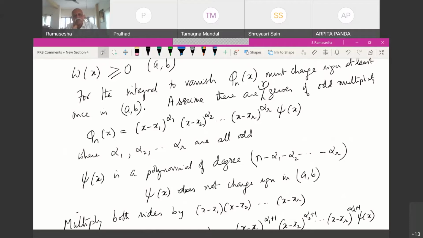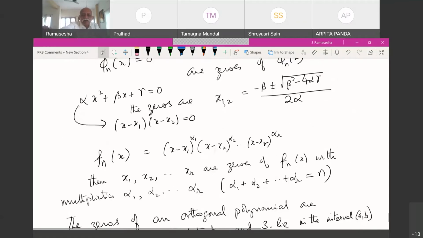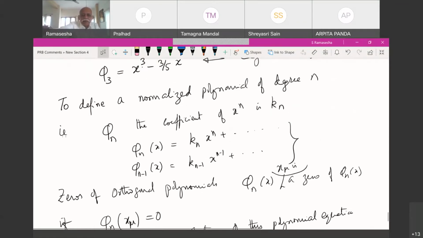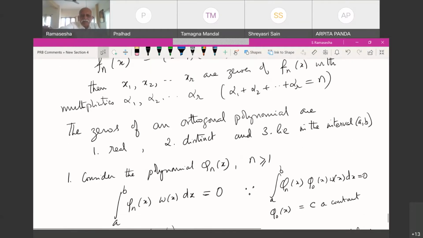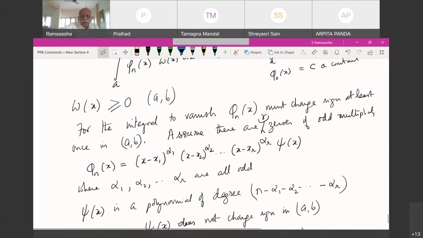Otherwise, they are not zeros. Given that, how can r be greater than n? Okay, sir. So r cannot be greater than n, right? Because you see from here, r cannot be greater than n.